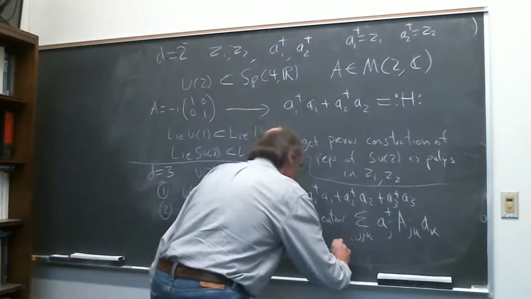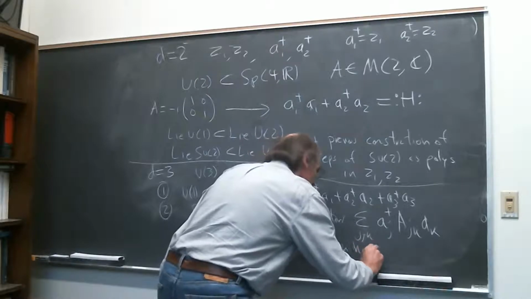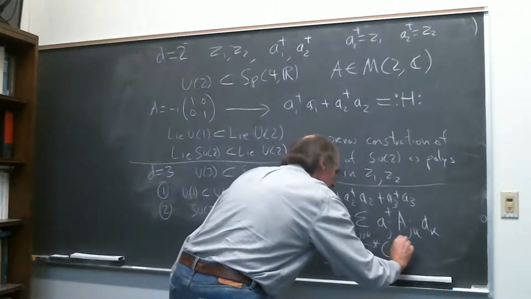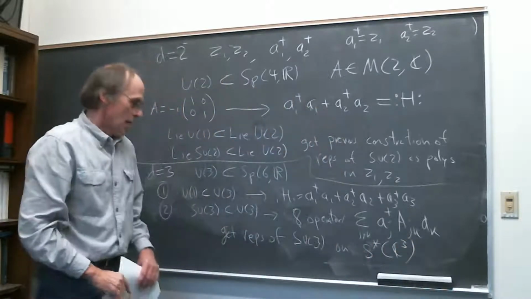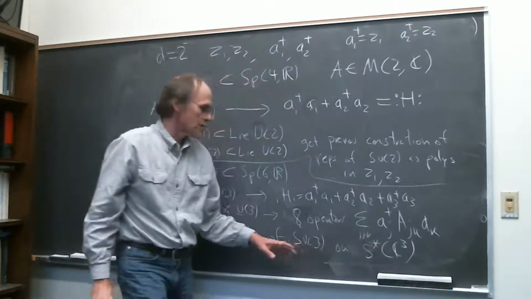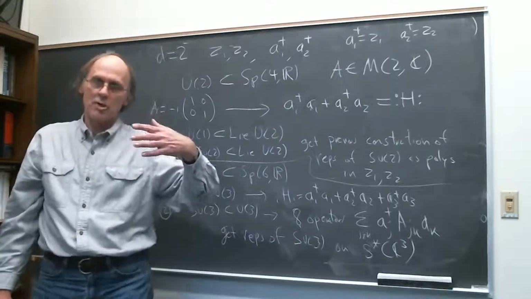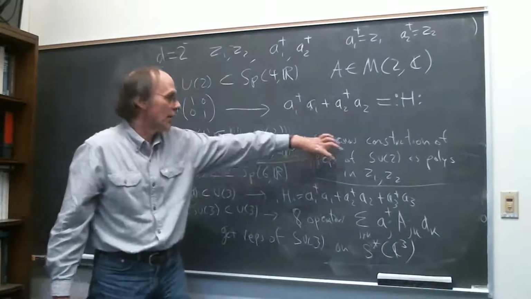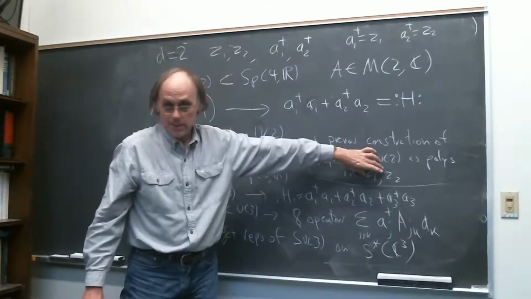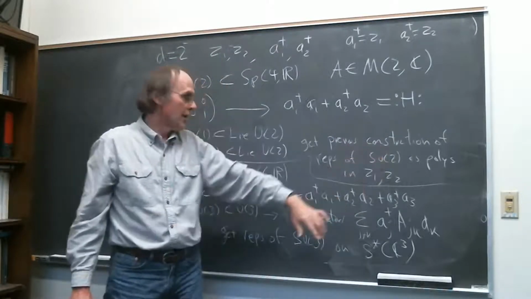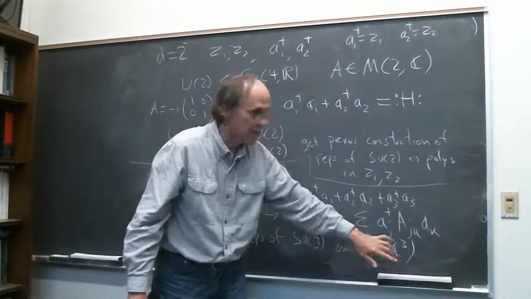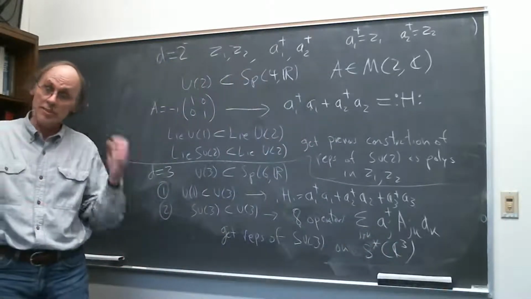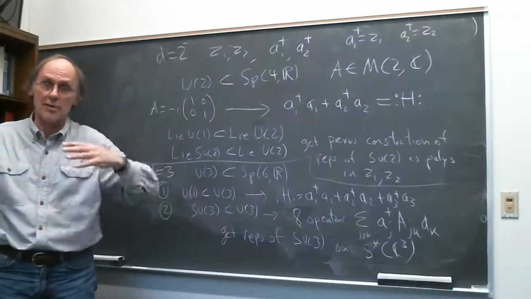on homogeneous polynomials. This is going to be a similar story to what happened in 2 dimensions, where you were looking at homogeneous polynomials in Z1 and Z2. Here you're going to get homogeneous polynomials in Z1, Z2, and Z3. It's going to give you some irreducible representations of SU(3).